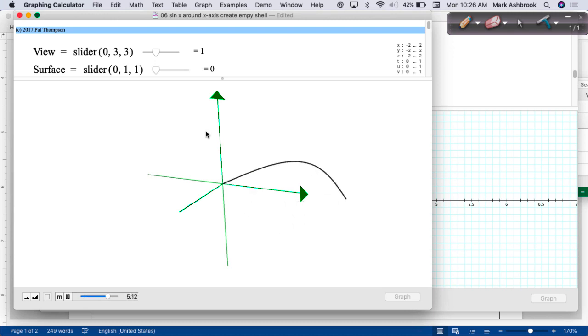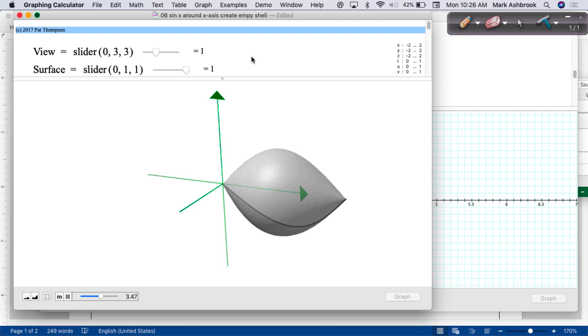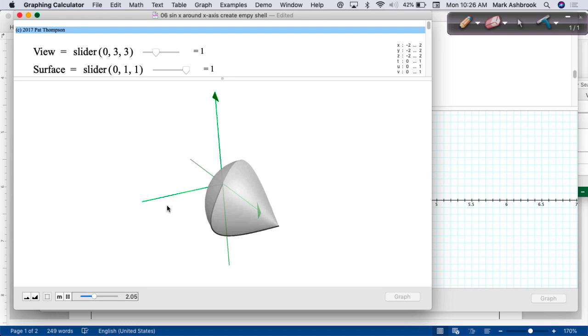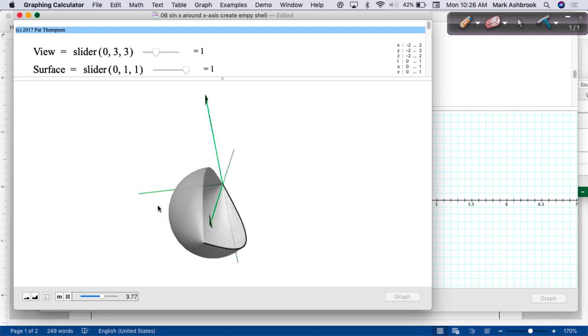Can you imagine what you would get? You're going to get an empty shell that's kind of like a football. Do you see that?